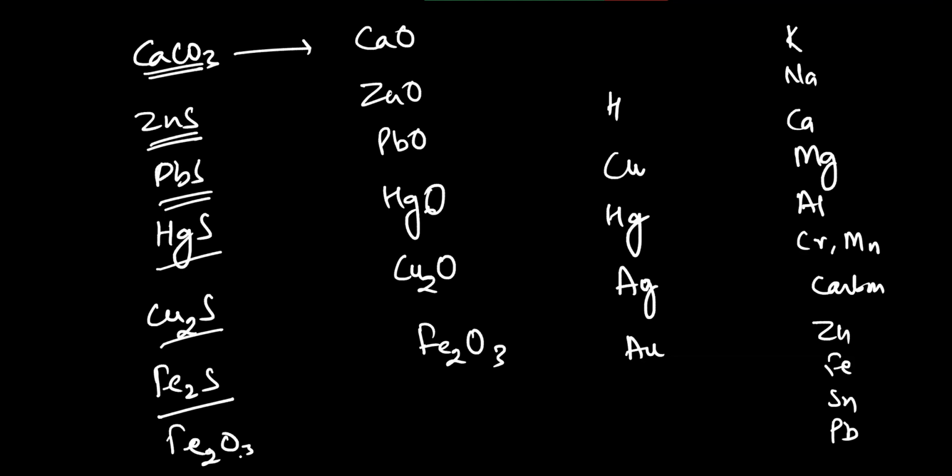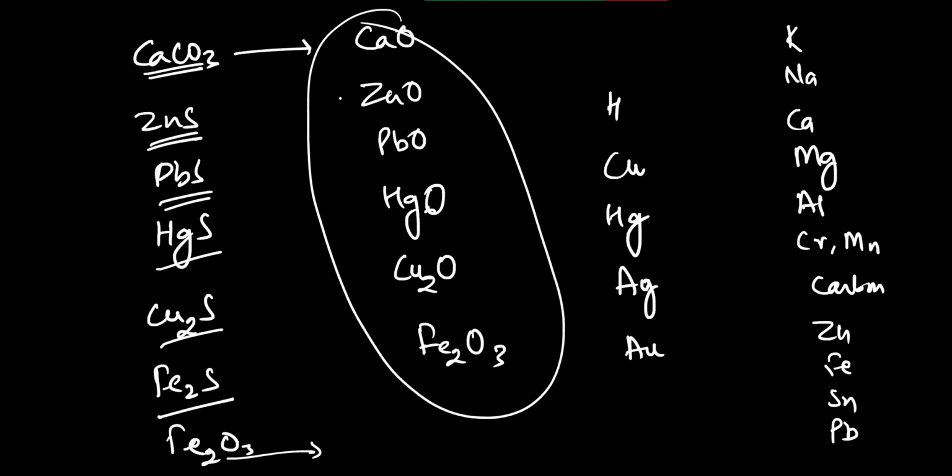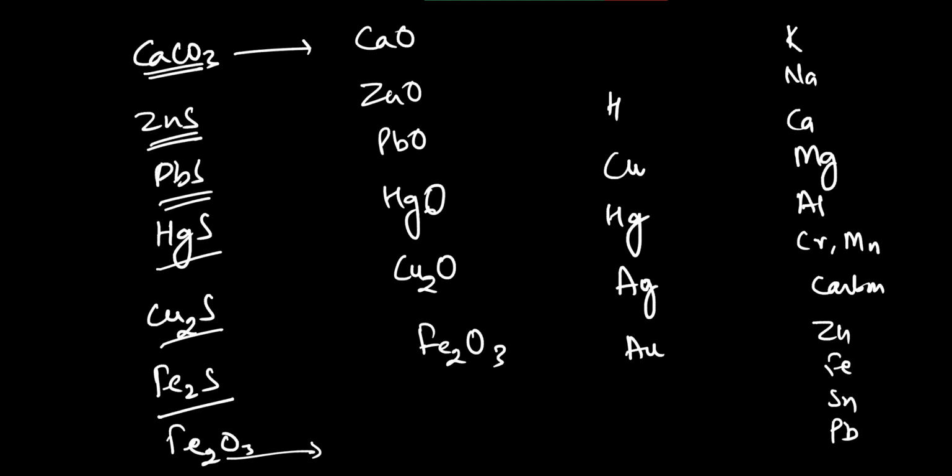This one is already in Fe2O3 form. So by using roasting and calcination, we converted the respective ores into their oxide forms.